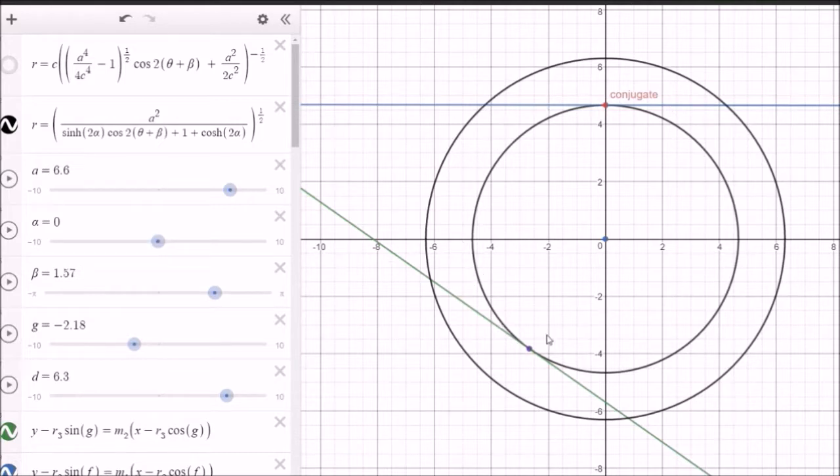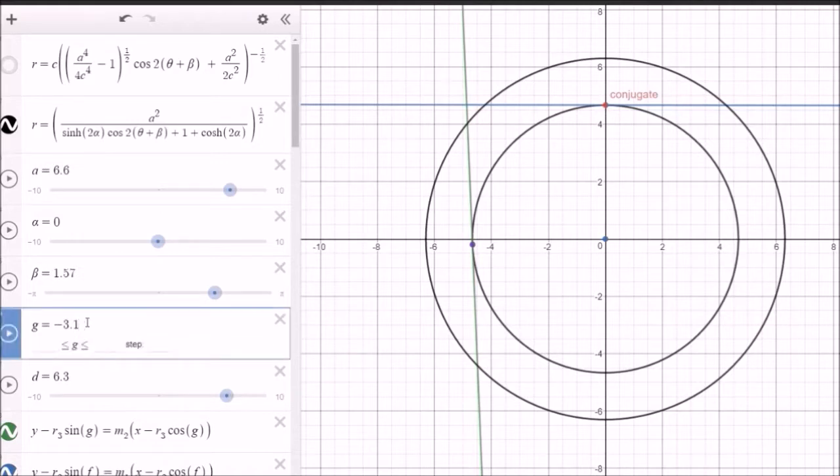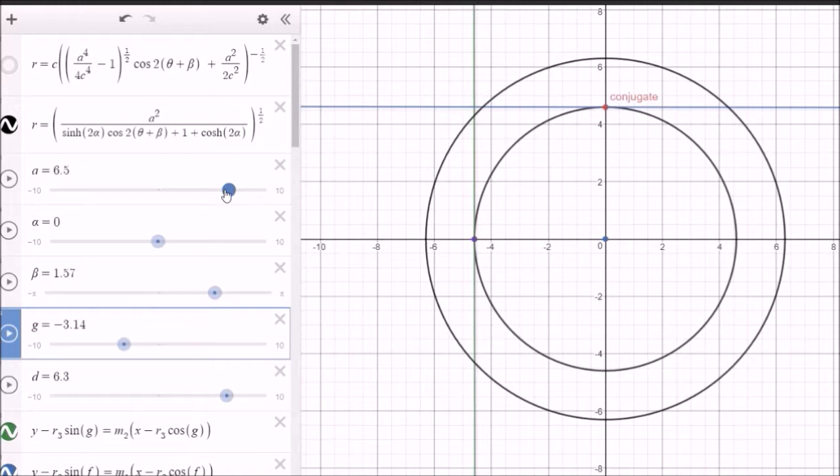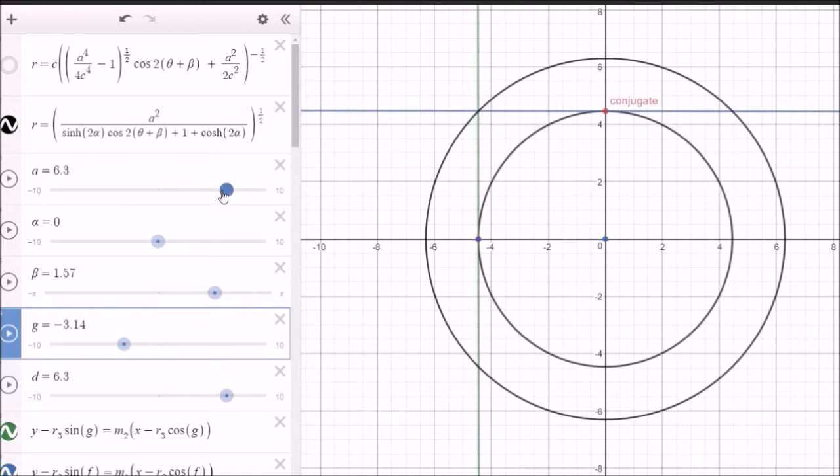Now if I move this round again to get the crossover point, there we go, crossover point. You don't actually see it there, it disappears at that one, but you will see it up here, just about there. So it's minus 3.1, over 3.14. It doesn't quite cross because I moved the value of that slightly, so I'll shift it back. I think it was sitting at 6.3, so that's 6.3.